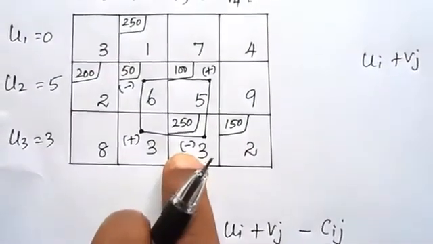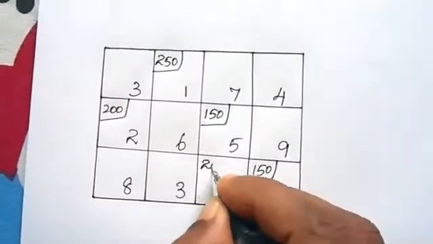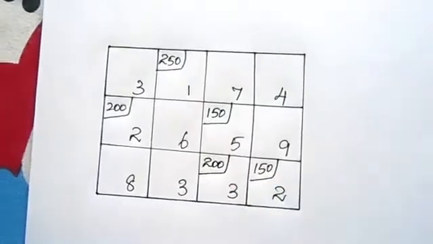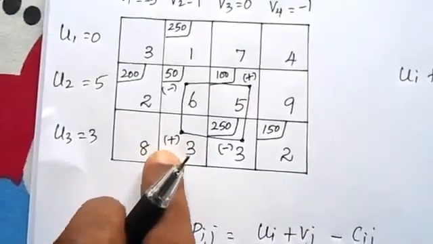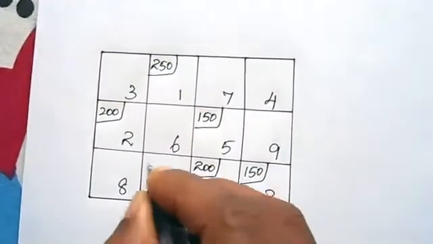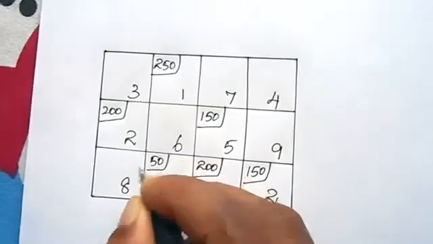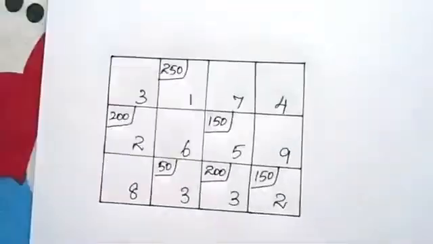Here you need to subtract 50. 250 minus 50, then it will become 200. Here nothing is there. Now you need to add 50, then this cell will be an allocated cell. Here 50 is there. Now 50 minus 50, nil.